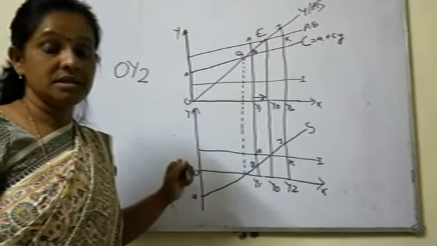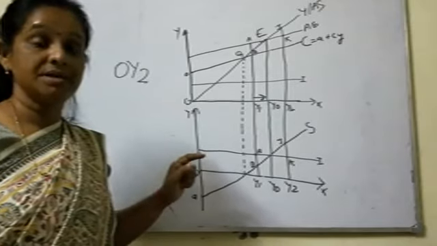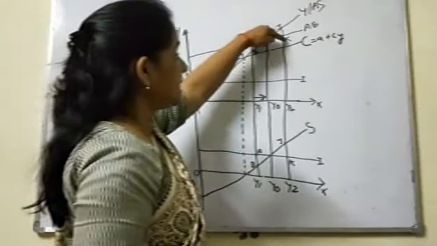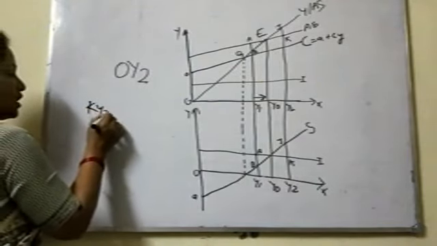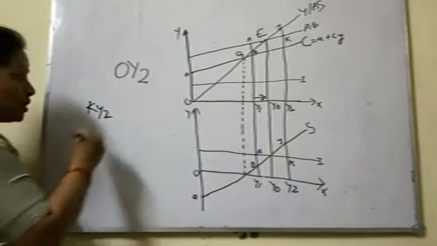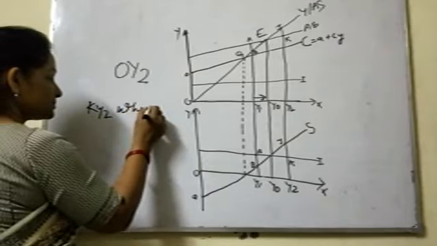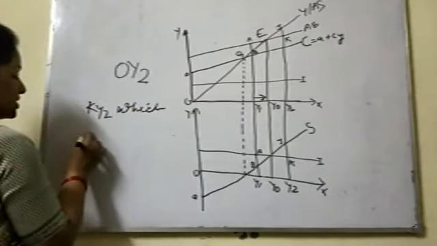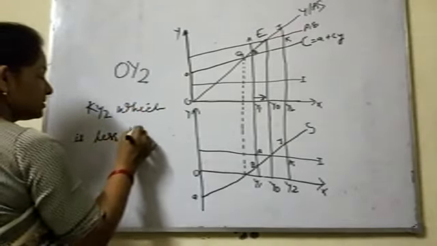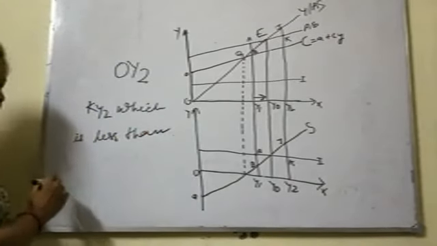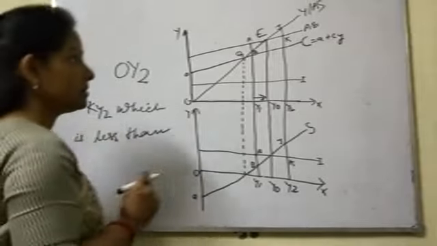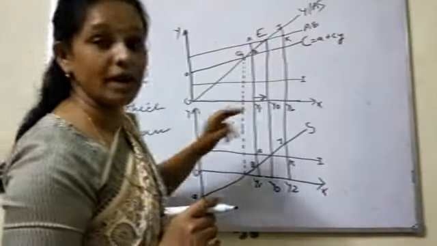Here aggregate demand is KY2, which is less than aggregate supply. What is aggregate supply? JY2.